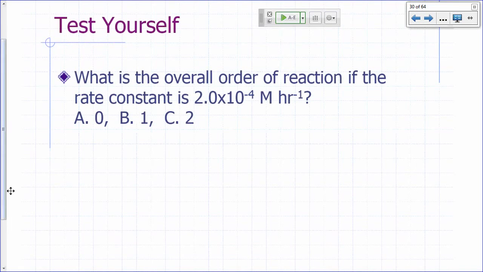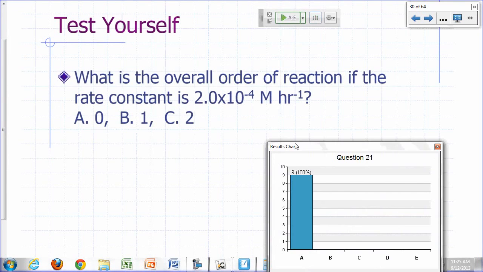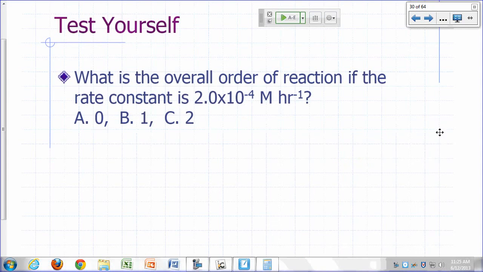How about this one? What's the overall order if the rate constant is 2.0 times 10 to the negative 4 moles per liter per hour? Correct answer? Zero order. Very good. Concentration unit times the reciprocal time unit.